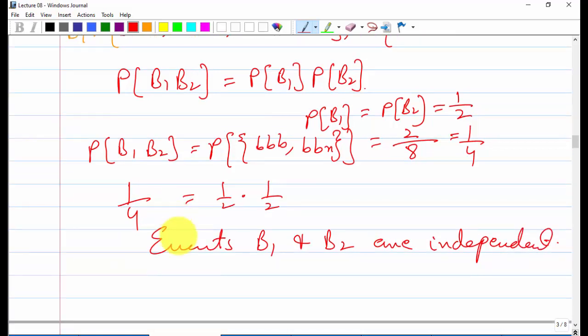Now we can extend this definition of independence to more than 2 events. So let's see what we will have for 3 independent events.